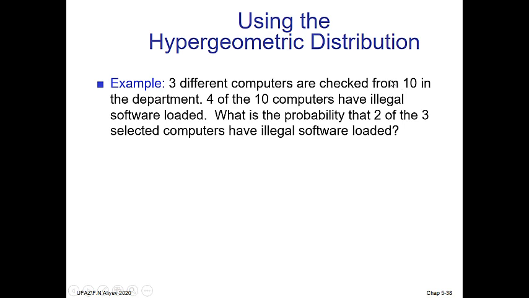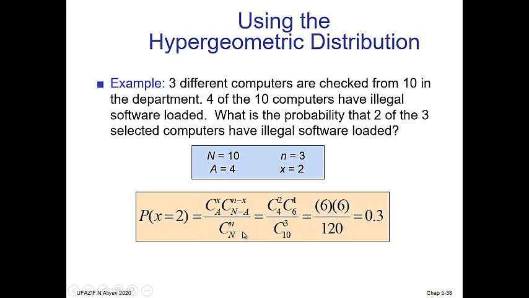As capital A, we should take 4, which represents the illegal software loaded computers out of all 10 computers. So you have N 10, n 3, A 4, x 2, and just plug into the formula and you get the result 0.3.